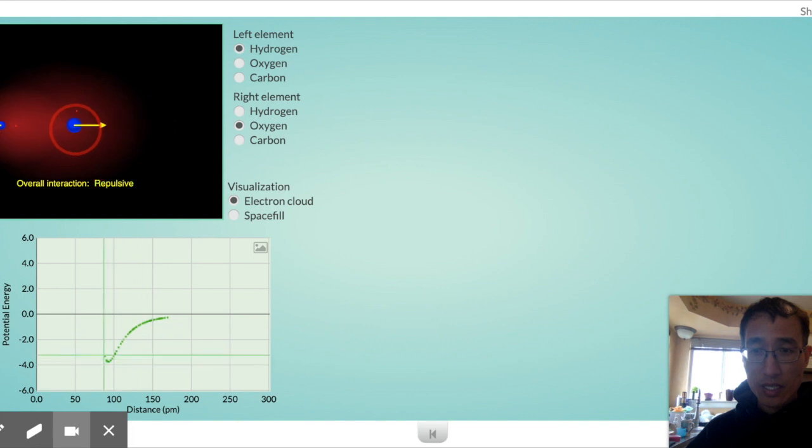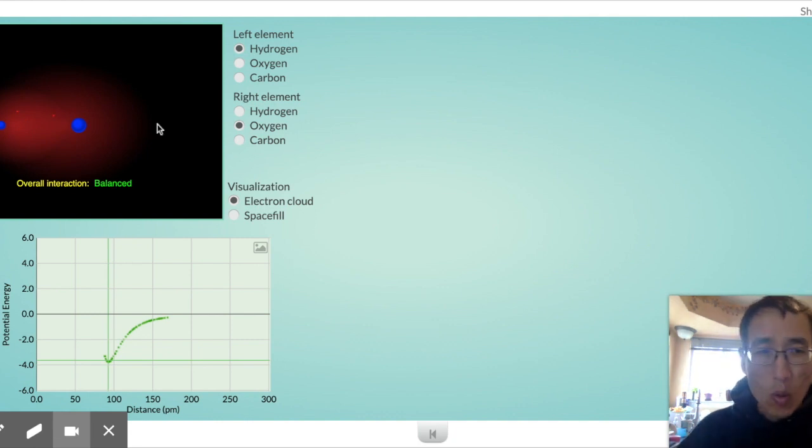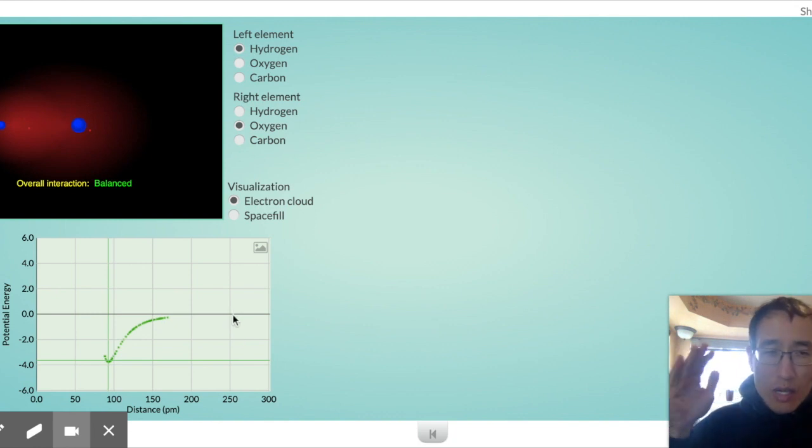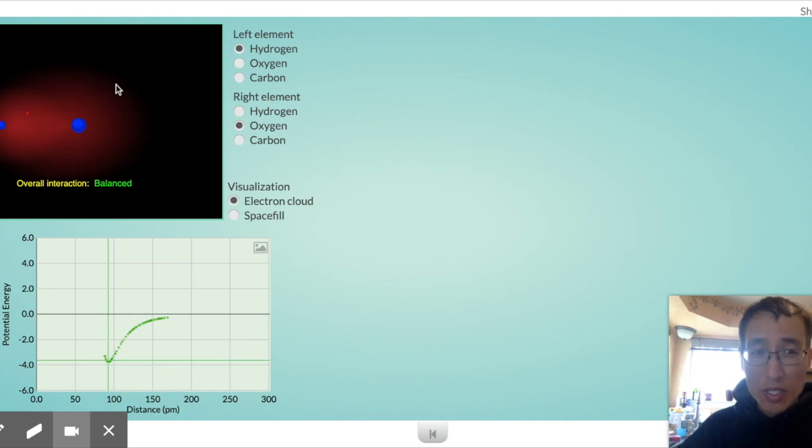And we can see what's going on with the energy. So when we start far away, remember, what's the level of the energy? And as we bring them closer and closer together, what's happening to that energy as we drop down to this point, the balanced point on the graph?